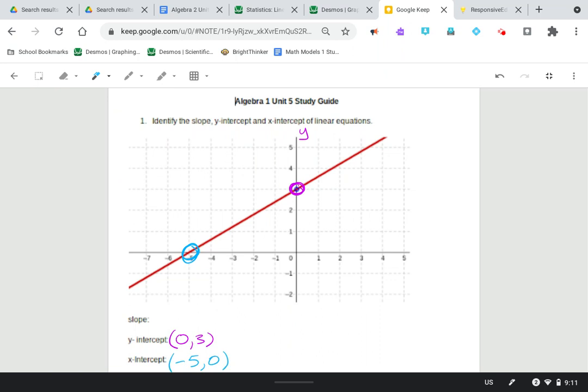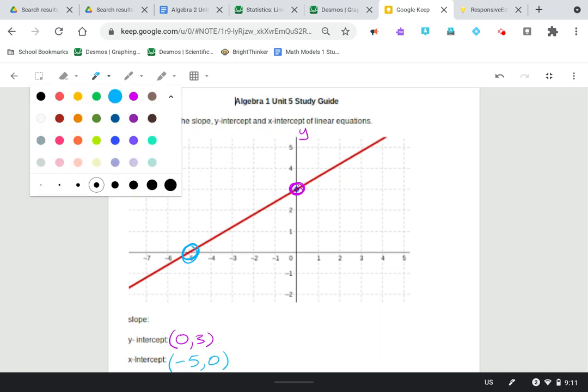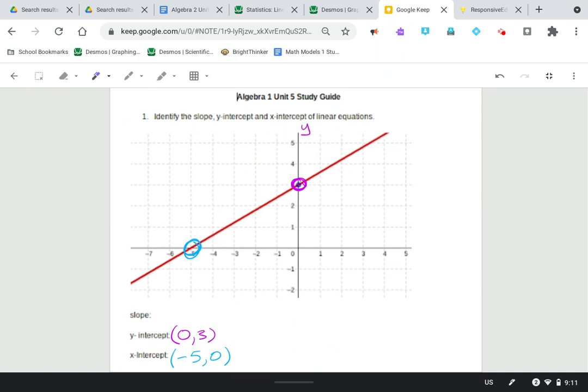And then to find the slope, you just need to count the rise and run from one point to the other. So you notice we have this kind of box that we can make. The graph goes up 1, 2, 3, up 3. That's what we call the rise. And the run is 1, 2, 3, 4, 5. The run is 5.